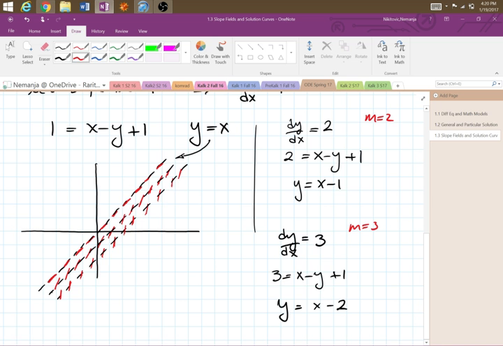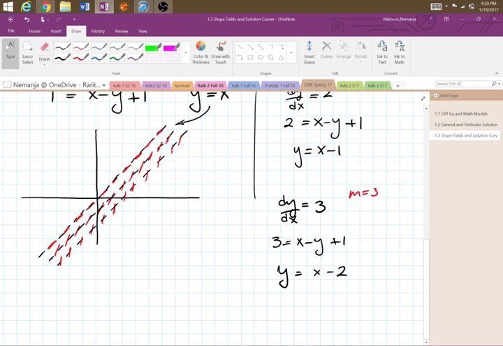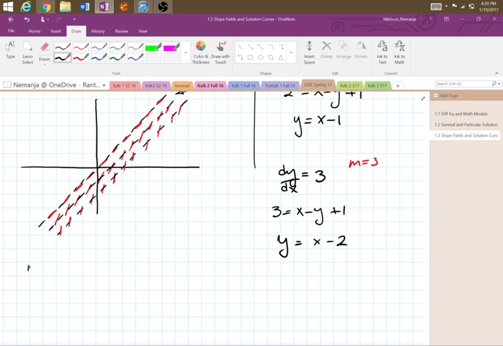Just out of curiosity, let's try negative numbers as well, because we can. So let's do dy/dx equal to negative... no, let's do 0 first. So we have 0 is equal to x minus y plus 1, from where y is x plus 1. So it's going to be above.